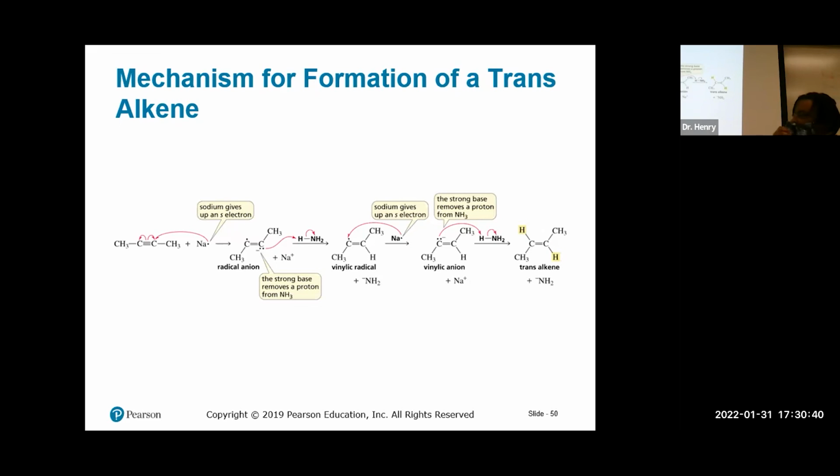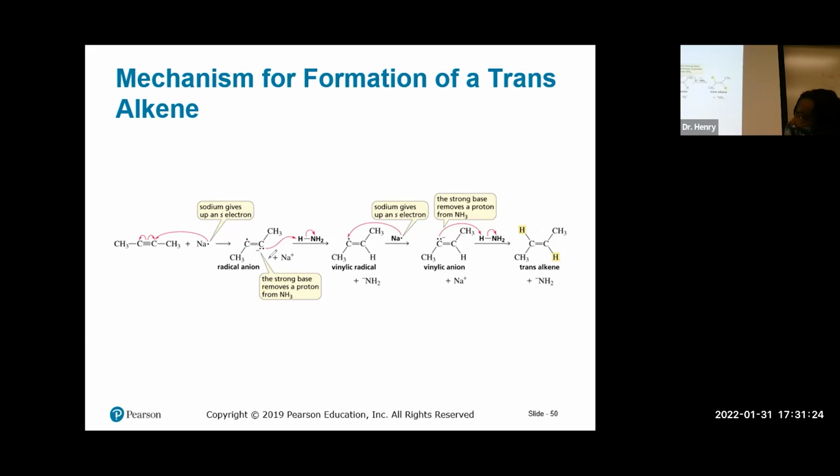Okay. So the mechanism for trans. Let's see. So, the triple bond donating its electrons to each of the carbons. Then we have the sodium metal donating its electron to that carbon. So then we result in a radical forming. You guys know a radical is just that one lone electron that is unstable, right?